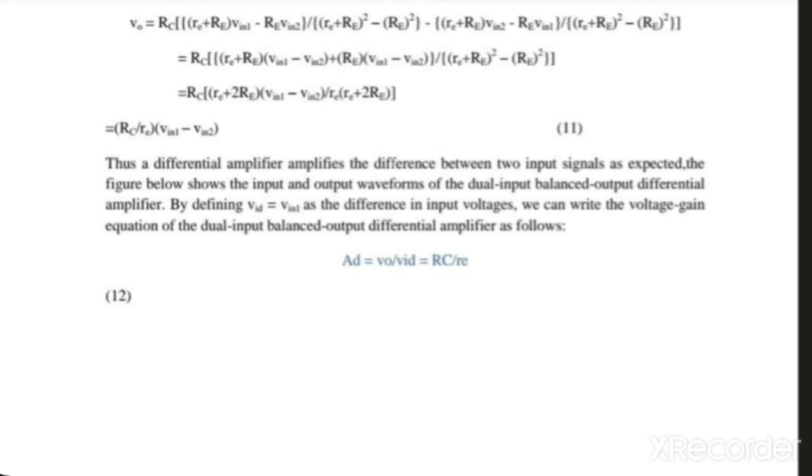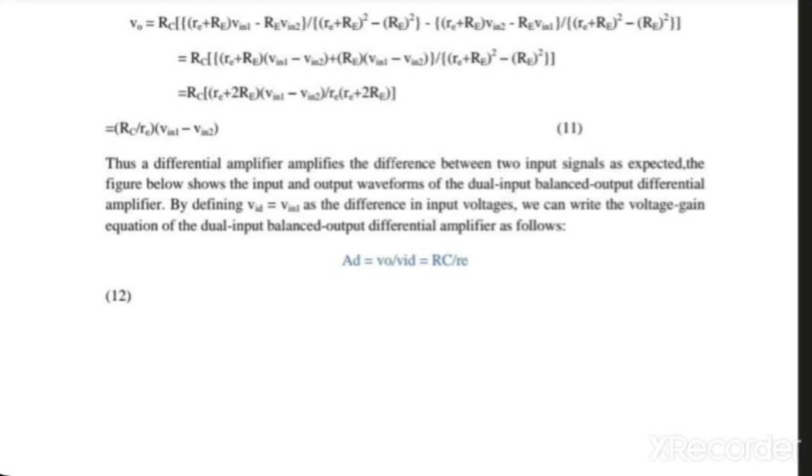So the output voltage VO can be written as RC (RE plus 2RE) multiplied by (V input 1 minus V input 2) divided by (RE plus 2RE). This is equal to RC upon RE multiplied by (V input 1 minus V input 2).